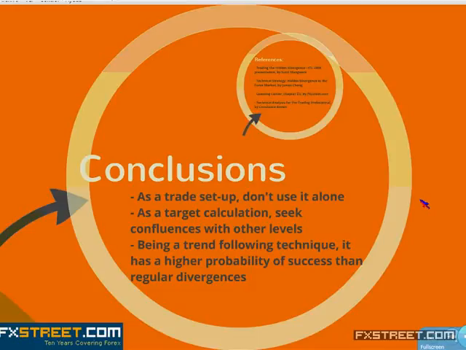I would rather use it as a target calculation than to pinpoint entry levels. And also, being a trend following technique, we can conclude that it has higher probability of success than regular divergences.